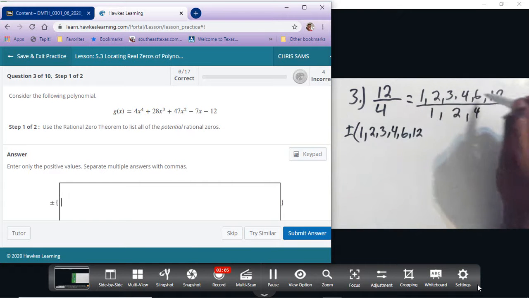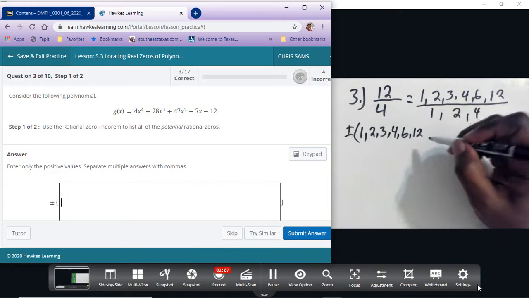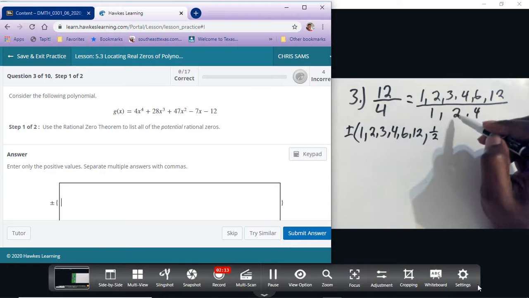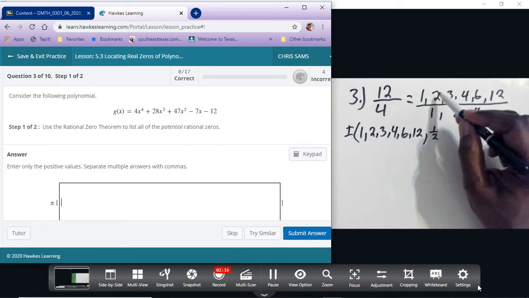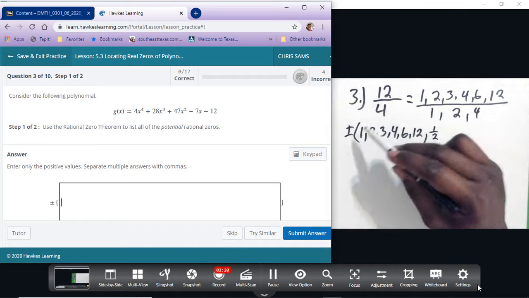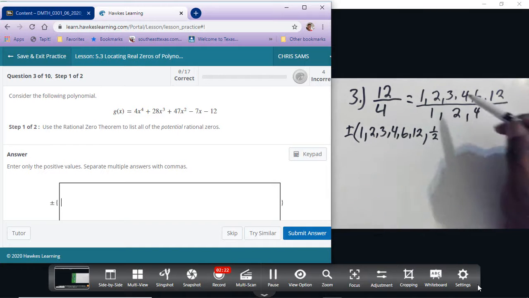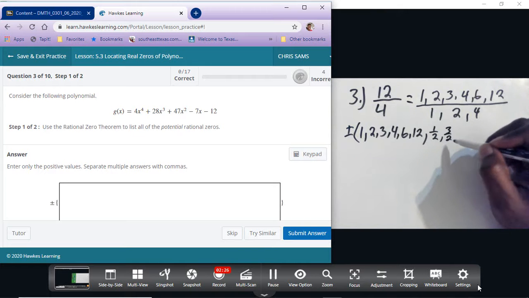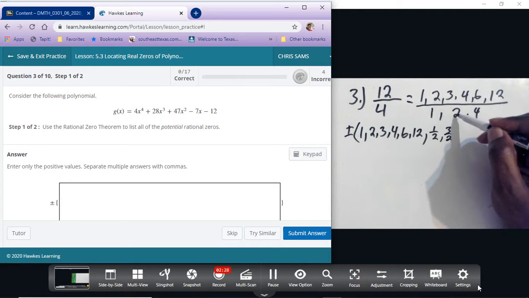Alright, now I'm going to divide all of these numbers by 2. So we get 1/2. We get 2 over 2 is 1. We already have 1 listed, so we don't have to do it. 3 over 2 is not. 4 over 2 reduces to 2.